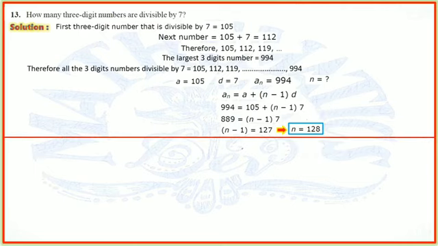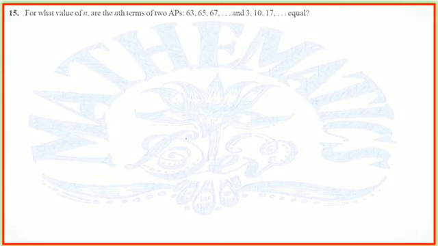The next question is 15th. For what value of n are the nth terms of two APs equal? Now, suppose in the first AP we are counting 55 terms, and in the second AP also we find 55 terms.